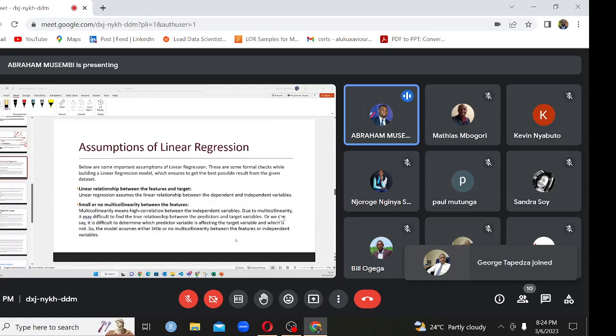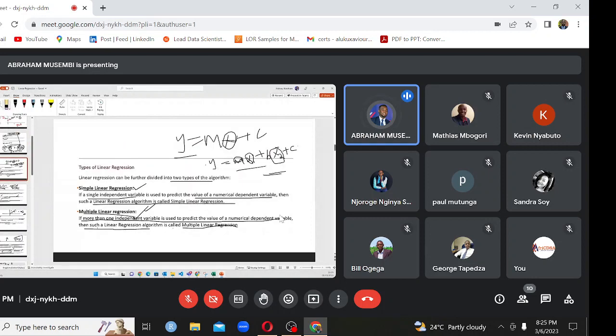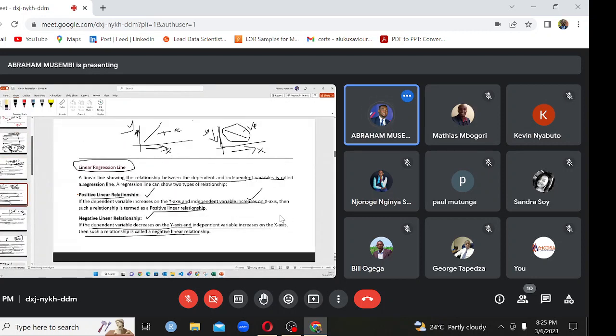Okay, good. Last time we introduced regression analysis, and we covered some content in our slides. We talked about different types of regression. Did we talk about the linear regression line?